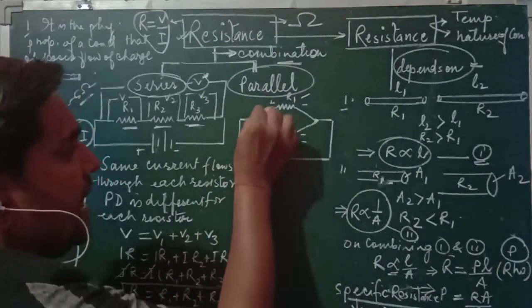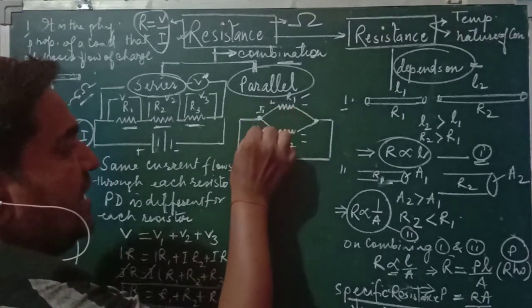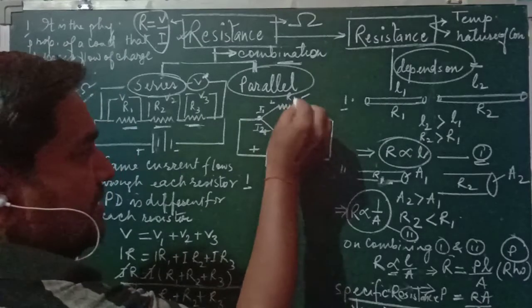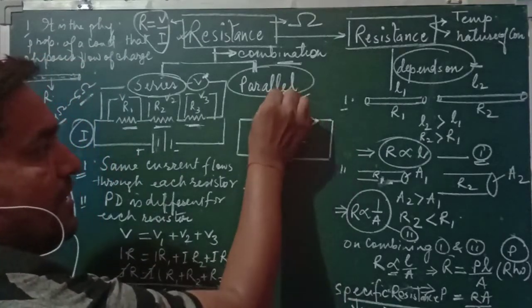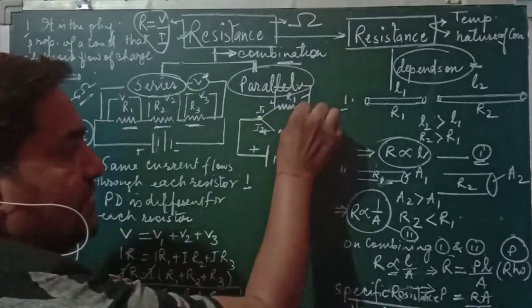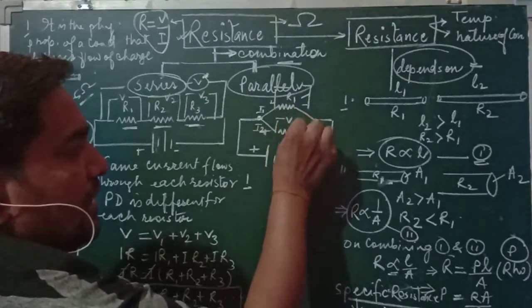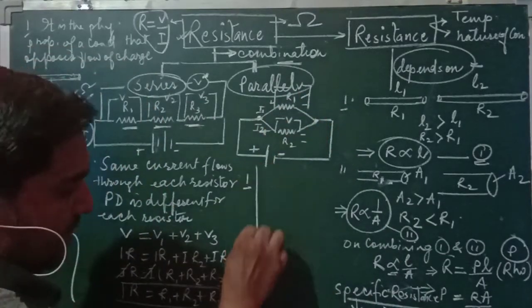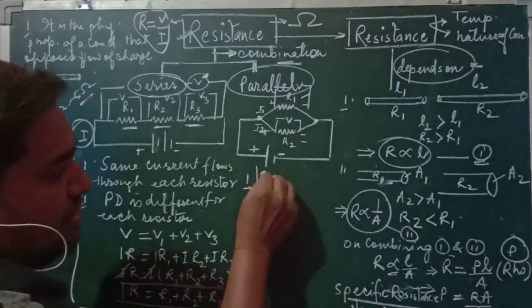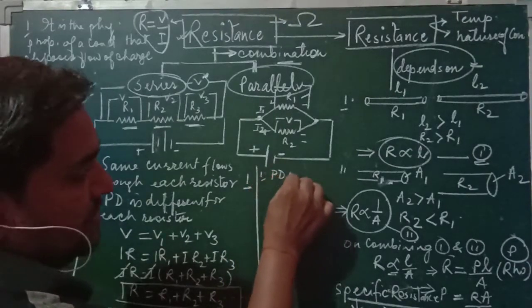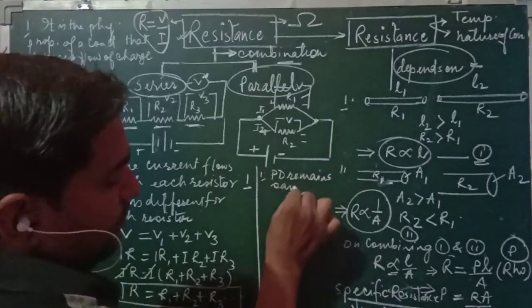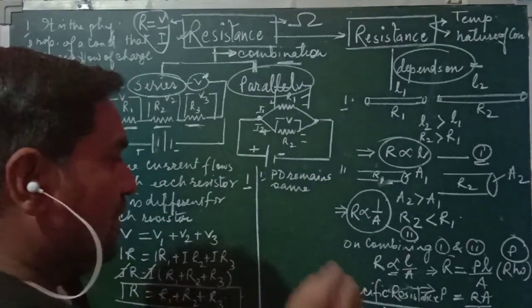Because here the current I divides into I1 and I2, whereas the potential difference across these two is the same. So in the parallel combination, potential difference remains the same, meaning voltage is the same.